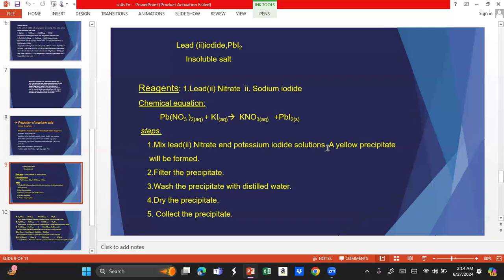When they are mixed together in a container, what will be produced? You will see a clear dark yellow precipitate. That yellow precipitate is basically lead(II) iodide.